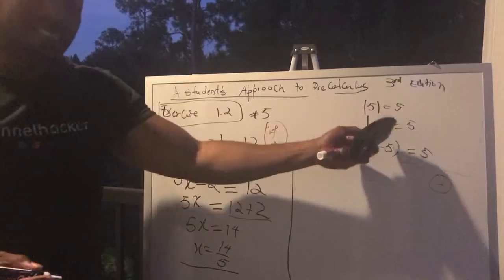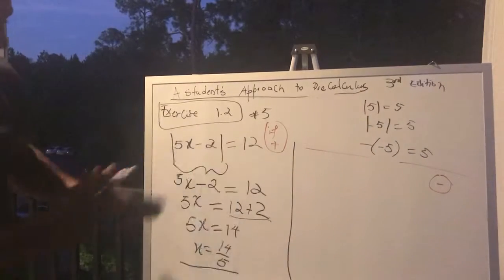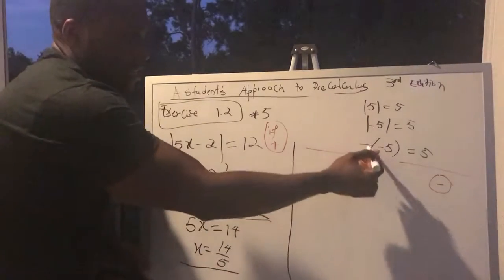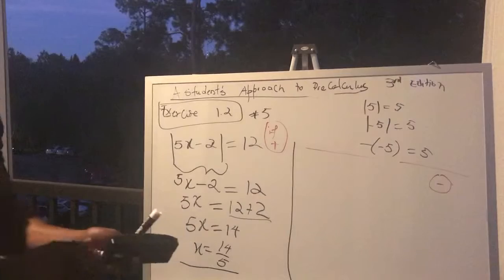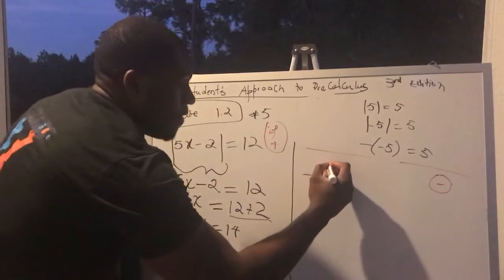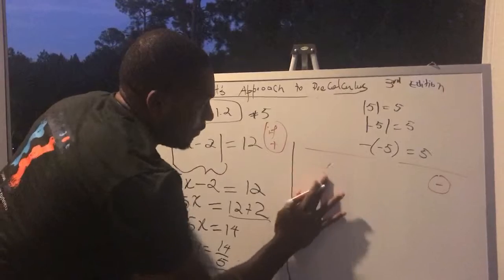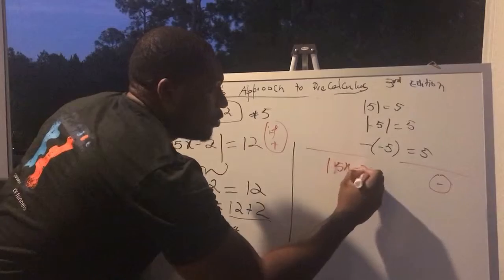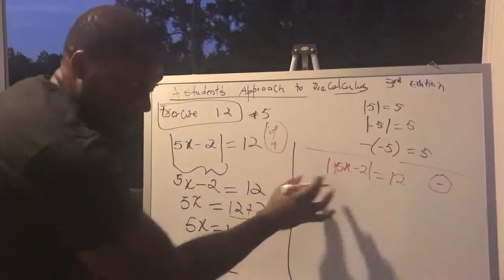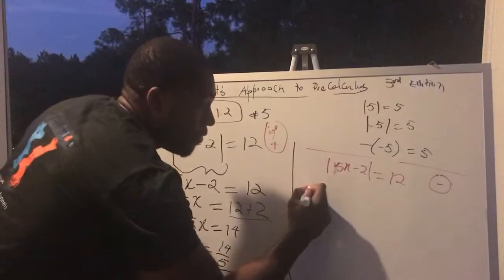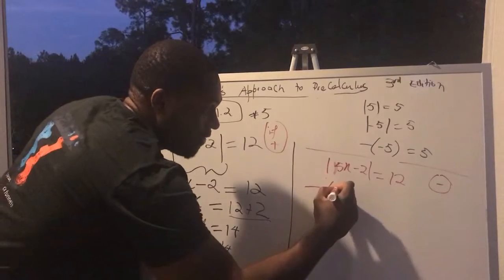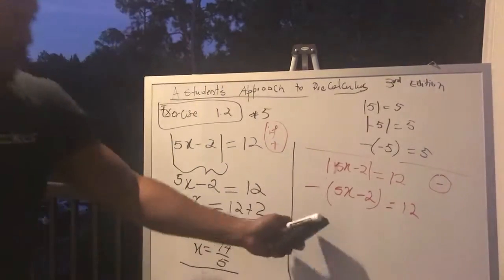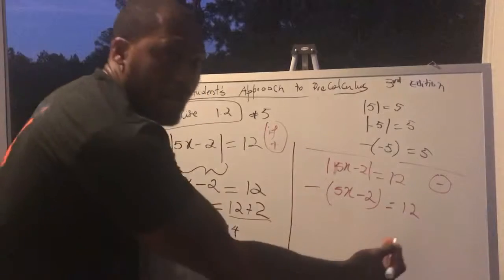The second solution, if what's inside the absolute value is negative, we're going to put a negative sign in front of it, just like we did for negative 5. So let's write the top first: the absolute value of 5x minus 2 is equal to 12. Because the inside is negative, we're going to have negative, parentheses 5x minus 2, is equal to 12. So what you're going to do is multiply both sides by negative 1.